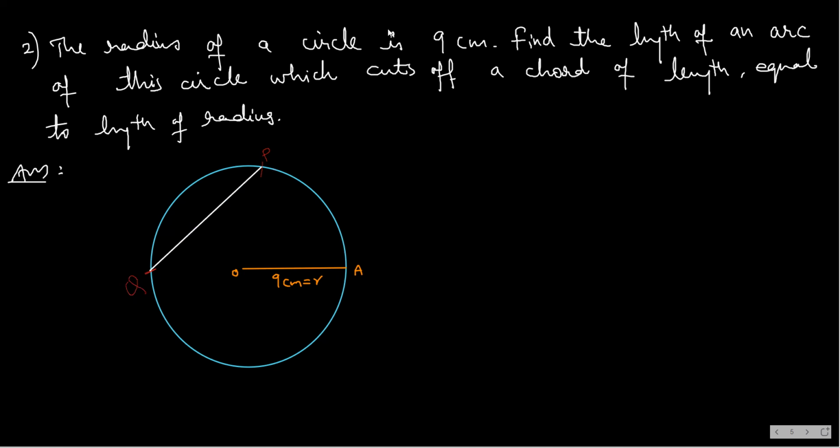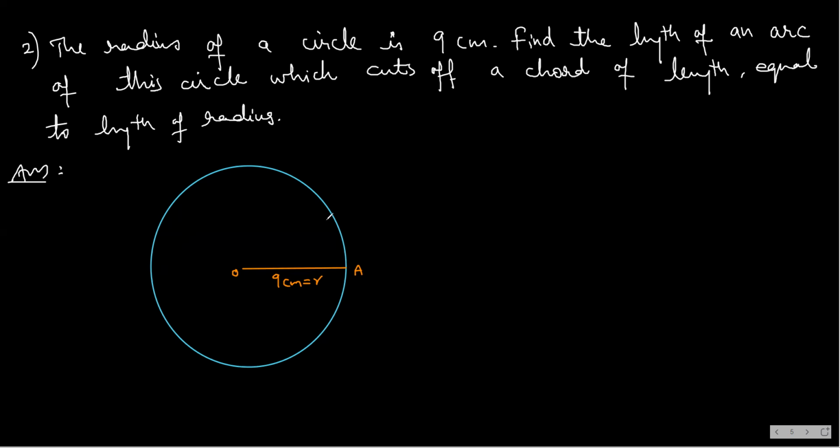Now, in this case, they are saying that this arc cuts off a chord of length equal to the length of the radius. That is, the arc of the circle is making a chord which has length equal to the radius of the circle. So what does that mean?